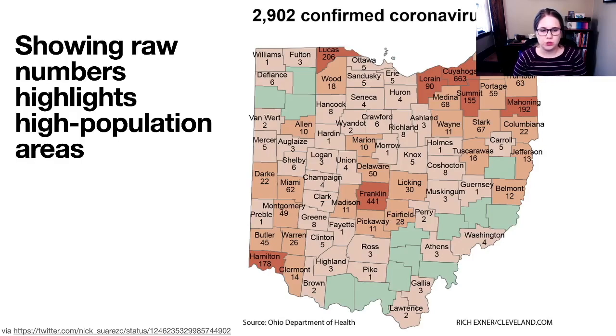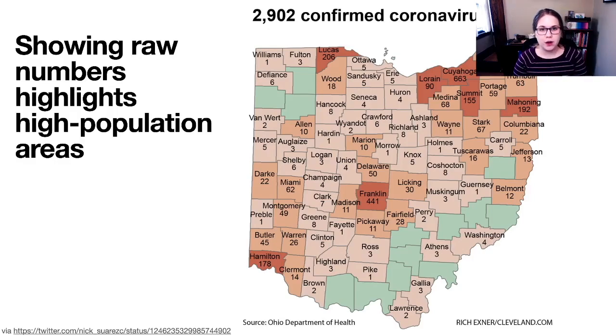If you show raw numbers in a choropleth map, that is going to highlight high population areas. So this is a map of confirmed coronavirus cases in the state of Ohio. This is a pretty old map. I don't remember when it's from, but it's basically just highlighting the high population areas. Because if there's more people there, then there's going to be more cases there.